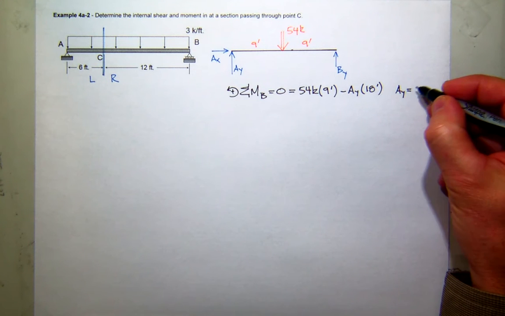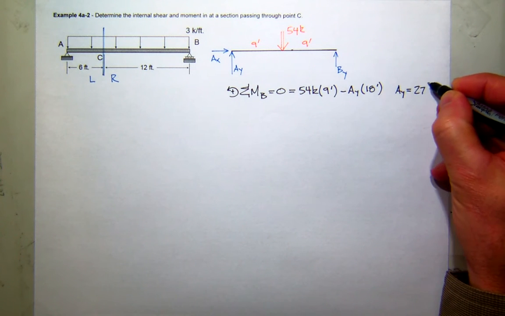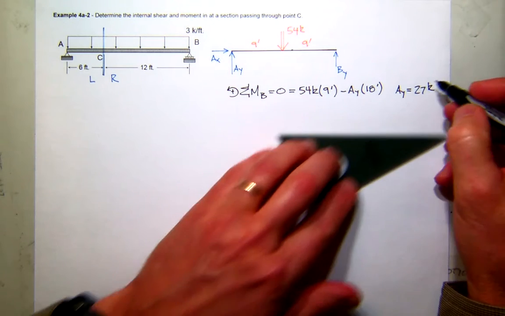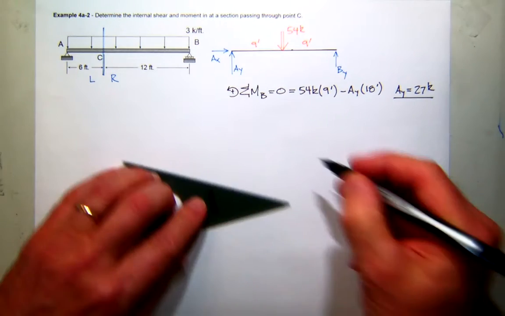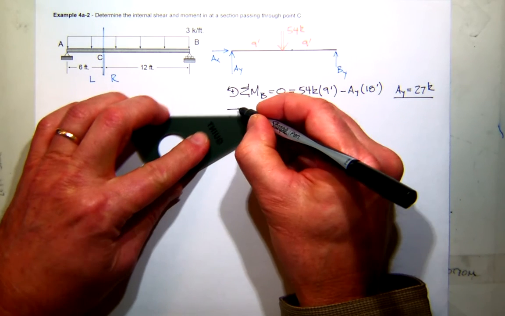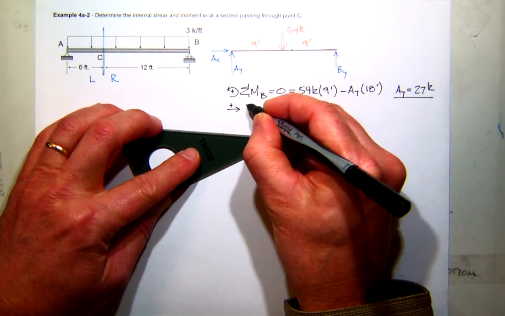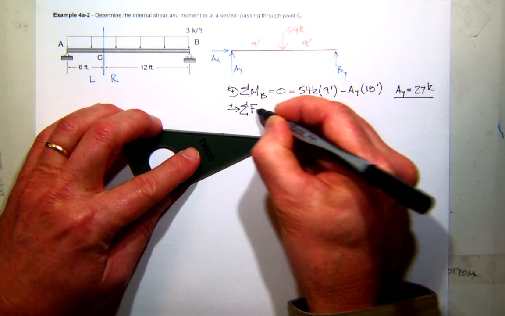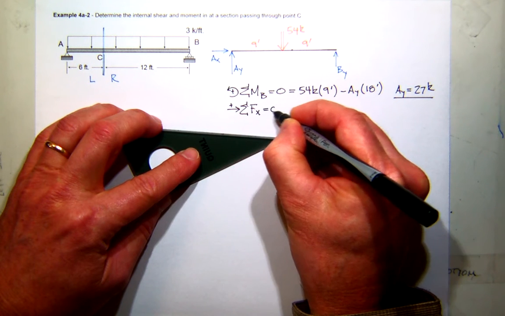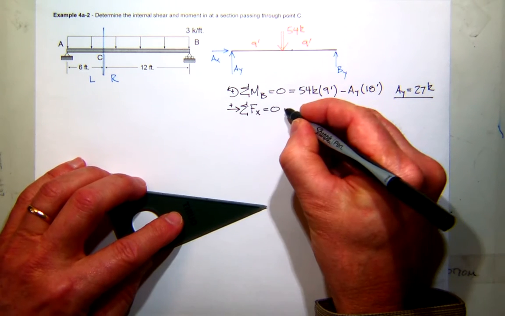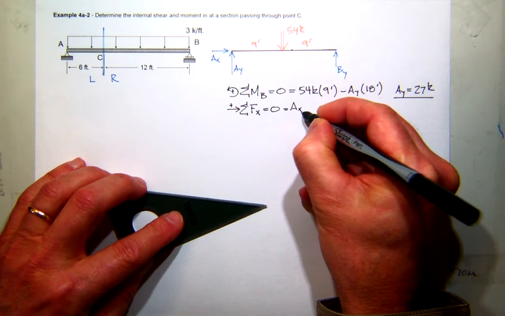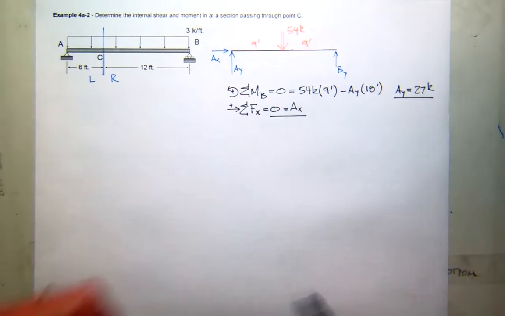What is that, 27? And then I would need to sum forces in the x direction just to make sure, and of course in this problem AX is 0. So I've got my reactions.